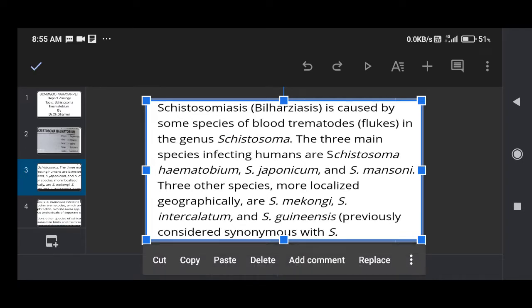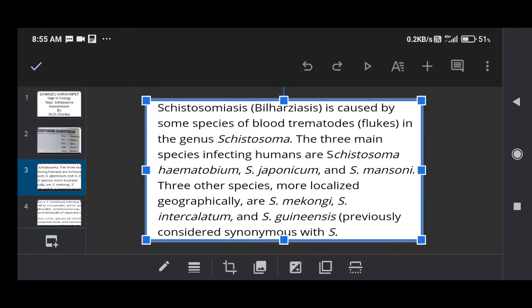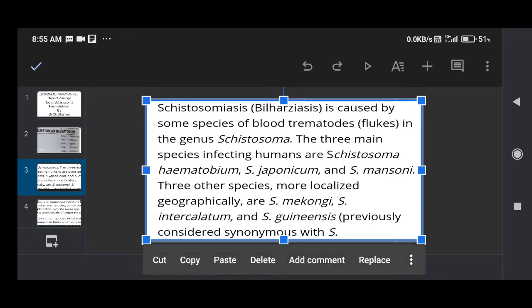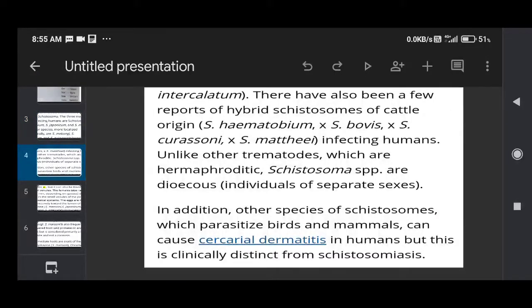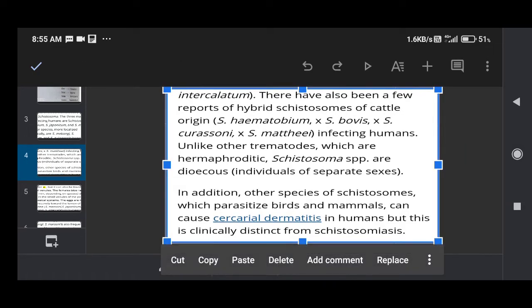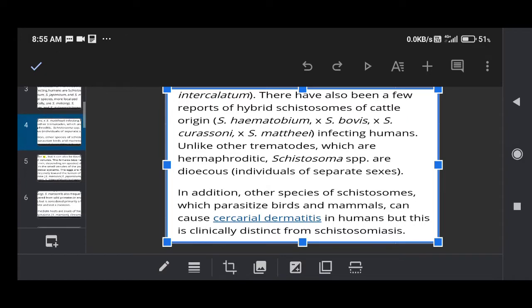There are three main species that infect human beings and cause disease: Schistosoma haematobium, Schistosoma japonicum, and Schistosoma mansoni. Some other species also cause different diseases in birds and some mammals. In birds, cercarial dermatitis takes place, and in human beings also cercariae cause some dermatitis.